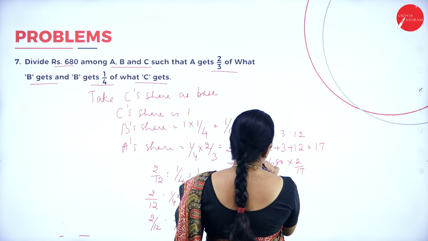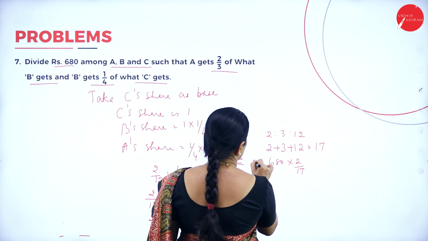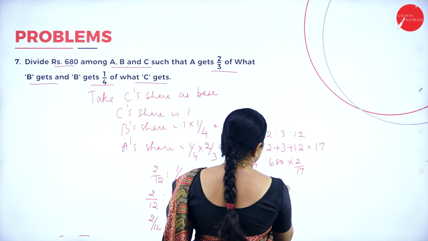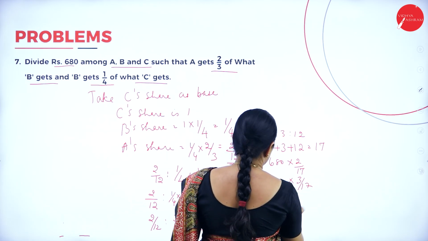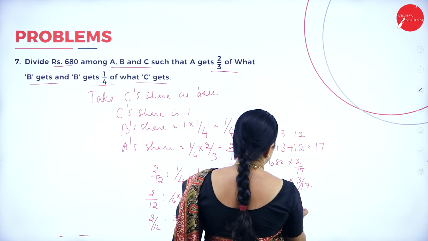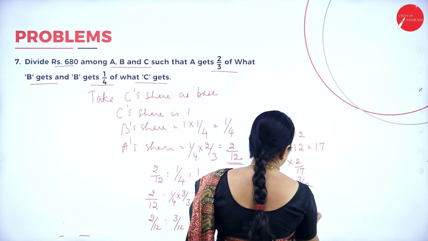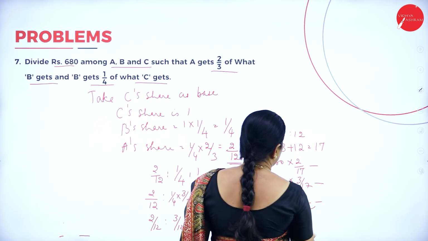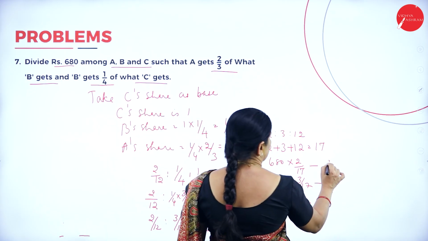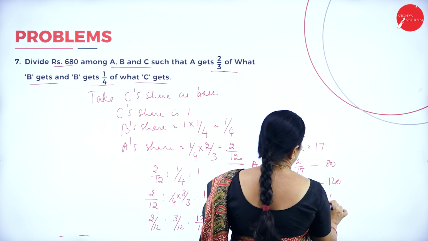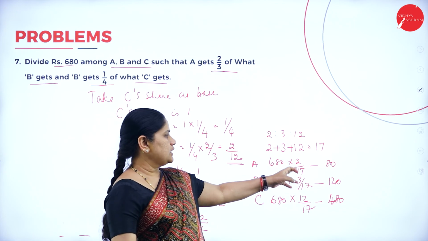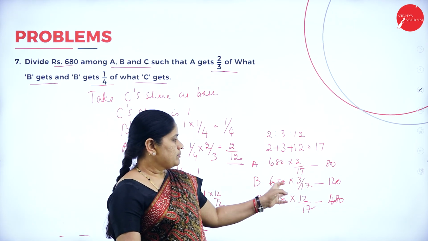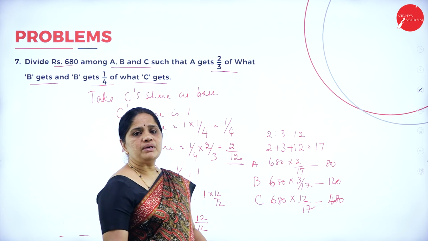This will be A's share, then B, then C: 680 into 3 by 17, 680 into 12 by 17. So, when I calculate A's share, 680 into 2 by 17, I get 80. So, B's share will be 120, C's share will be 480.